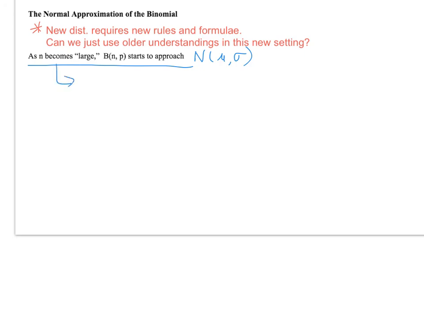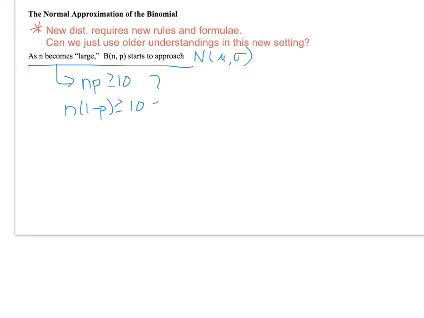So we can answer this question by saying if np is greater than or equal to 10, and if n times 1 minus p is greater than or equal to 10, we consider the number of observations large enough to start to approximate the normal distribution for the binomial. So that's what we're going to be using as our justification when doing this approximation for the normal distribution.